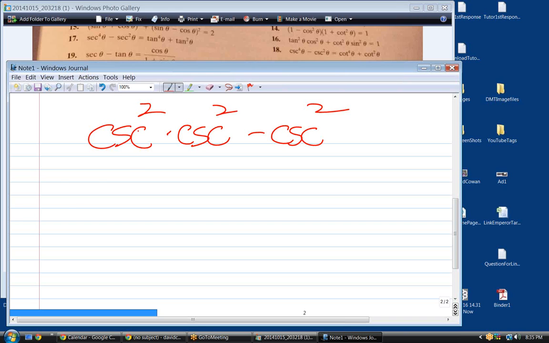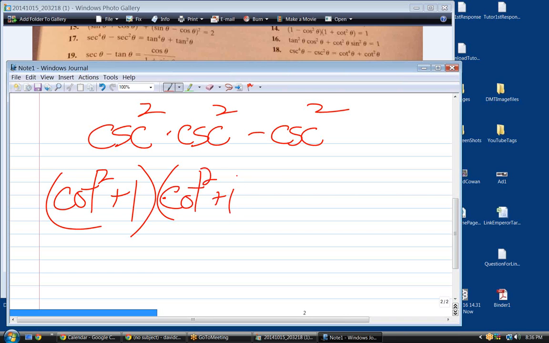Well, cosecant squared is cotangent squared plus 1, times cotangent squared plus 1, minus cotangent squared plus 1.